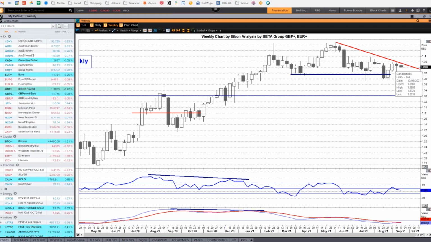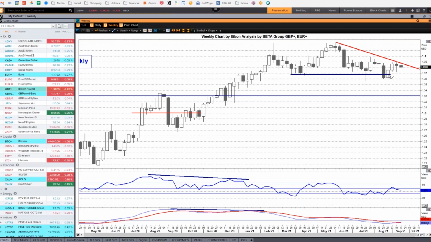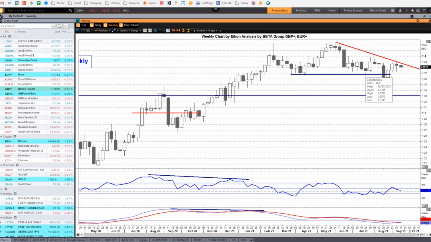I would say we'd have to break this high of 138.88, 138.90 to confirm that that downtrend line is broken. We've got support. We had this support level which was broken at 136.90, but we've now got really the notable support of 135.70. 133 is a very, very important level.